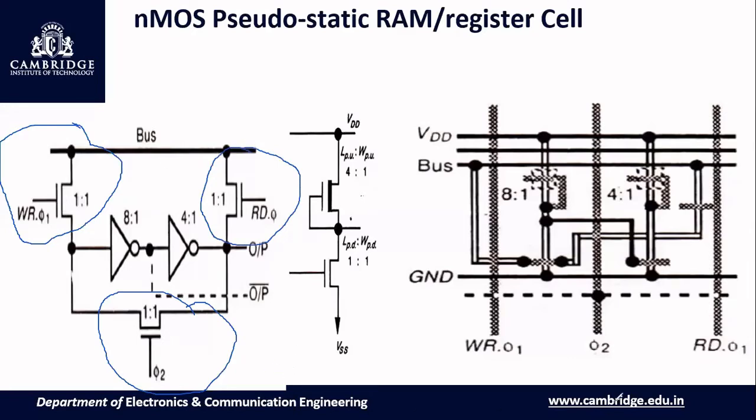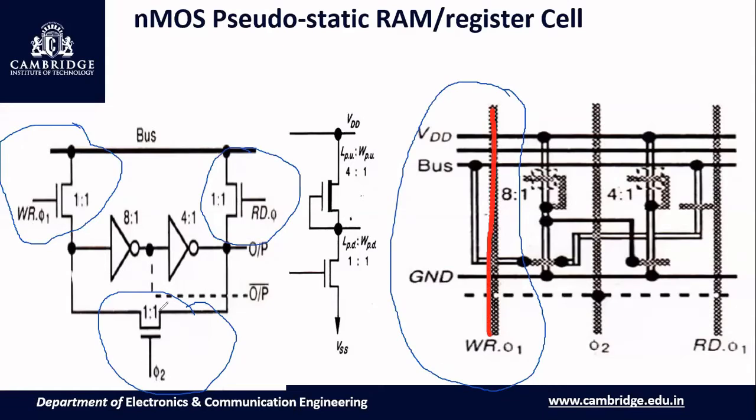Here you can see the stick diagram for the pass transistors. The first pass transistor has the control input of WR.51. This is the poly which carries the control signal WR.51.